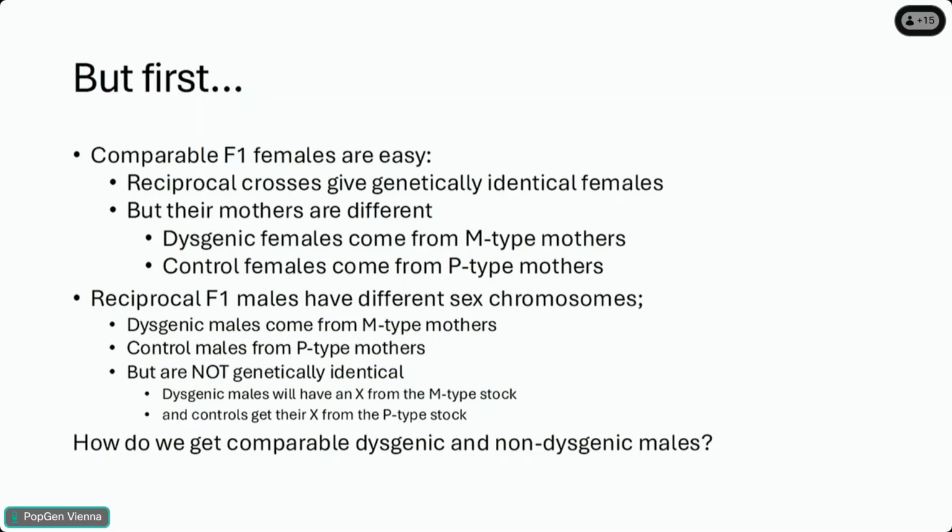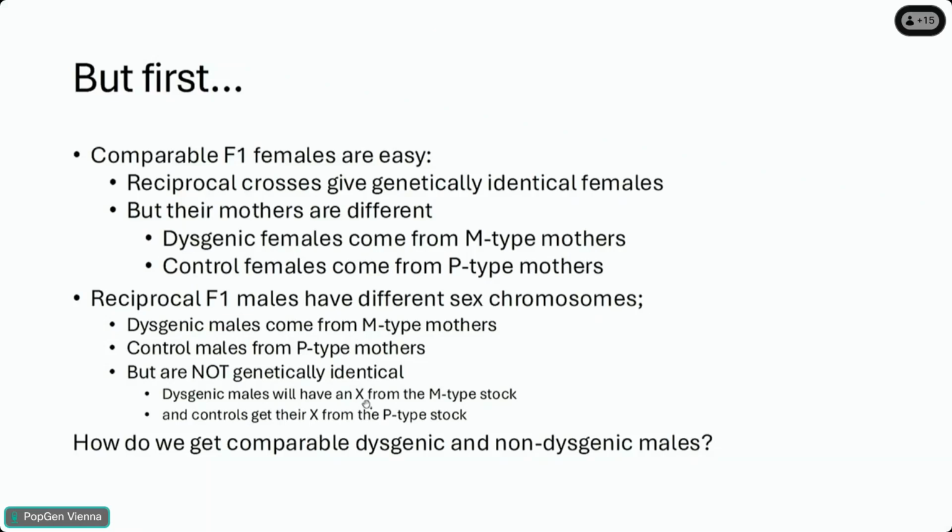If you do reciprocal crosses and get males, they differ in their sex chromosome complements. So the dysgenic males will again come from M-type mothers that lack the P-element piRNAs, so they'll have active P-elements. The control males will come from the P-type mothers that have P-element piRNAs and suppress the P-element. So the controls should be fine. The dysgenic ones should show dysgenic phenotypes.